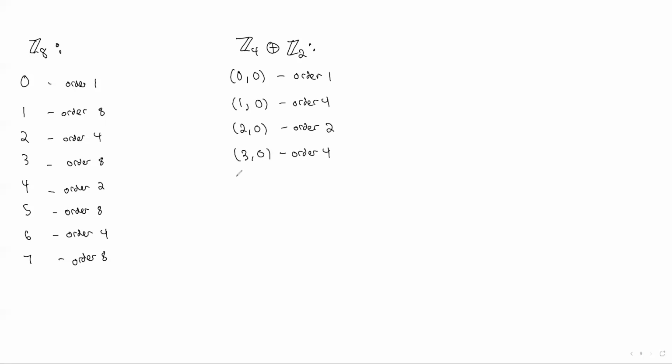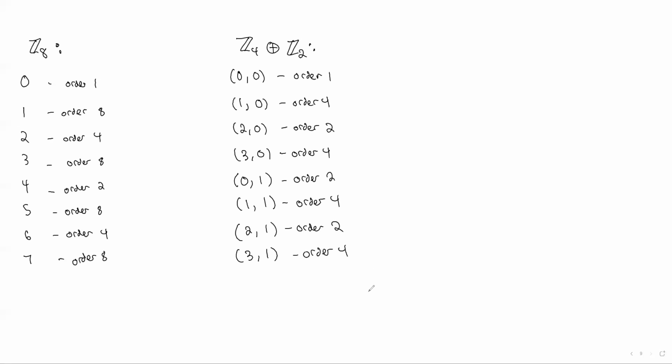And (4, 0) is just (0, 0) because it's Z4 plus Z2. But then we can take 1 in the second coordinate as well. So we can have (0, 1), and this is order 2. (1, 1) has order 4. (2, 1) has order 2. And (3, 1) has order 4.